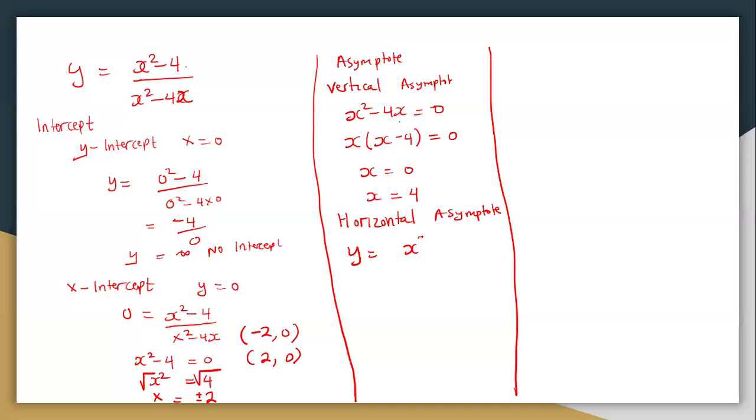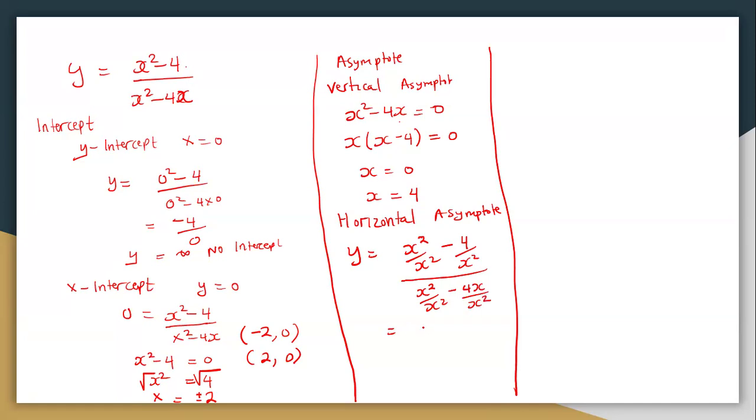We'll have y equals x squared out of x squared minus 4 out of x squared, out of x squared minus 4x out of x squared.